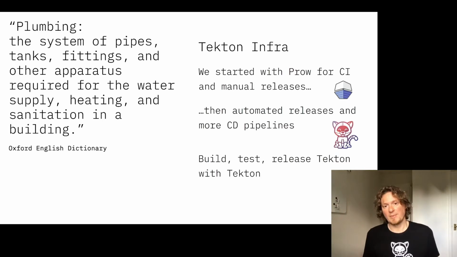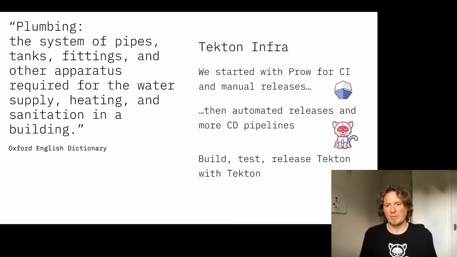So Tekton comes from the Kubernetes, and more specifically from the Knative ecosystem originally. And so we kind of inherited the whole CI setup, and we started using Prow, like a mini project in that ecosystem. And then we started building our first 1 or 2 releases manually.